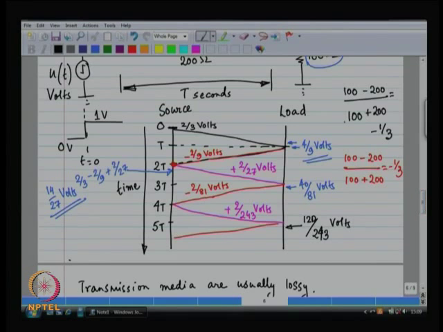We did a quick example of how the wave progresses over the transmission medium. So you launch a wave, a portion of it actually makes its way over the transmission medium, this wave hits the load, part of it reflects back, what reflects back hits the source, again it reflects, what reflects hits the load again and part of it reflects back.